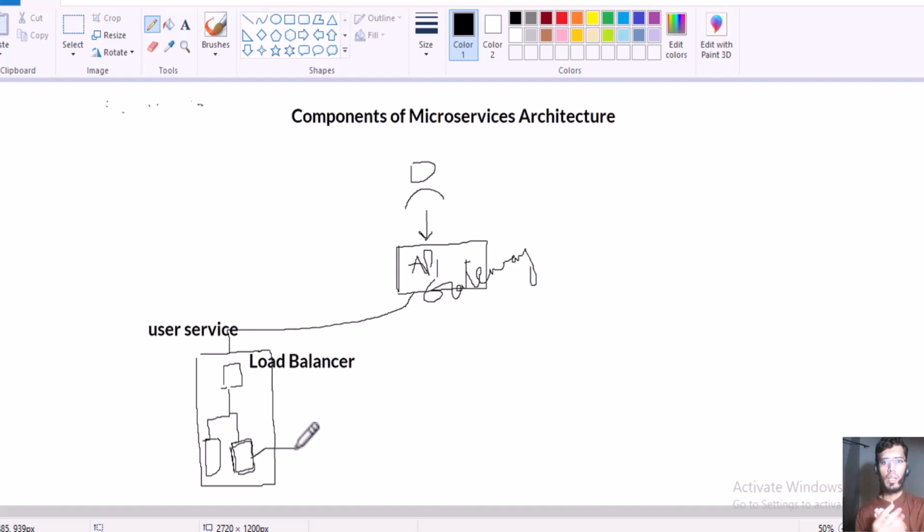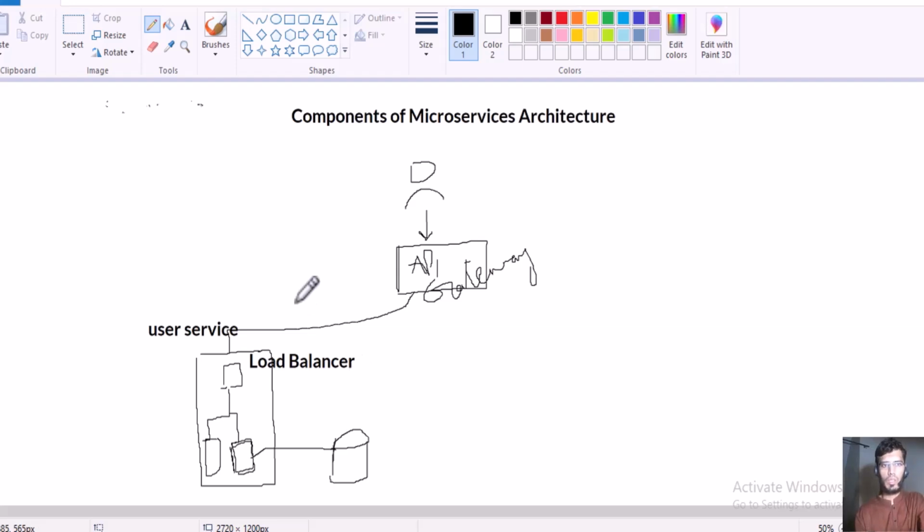Before making a call to the database, as I said earlier, millions of users are coming, so it is best to utilize a cache. The advantage is that it will reduce the DB load.